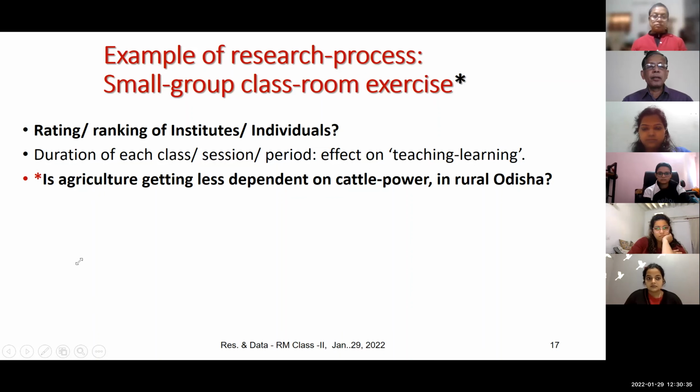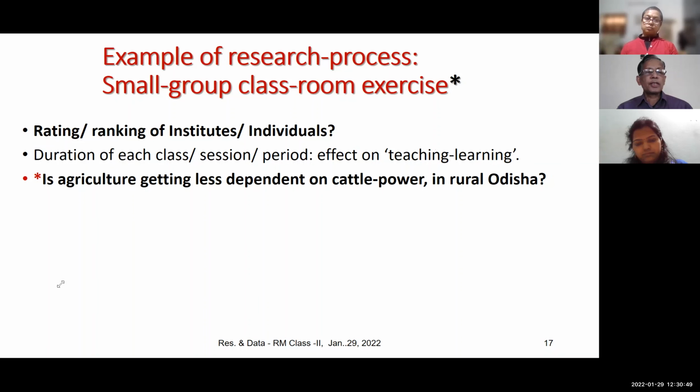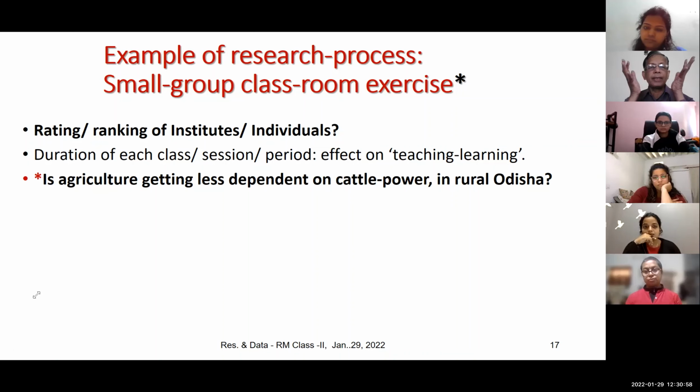Now, suppose in one small research project, can we rate researchers? Can we rate research activities at institutes? Slowly, we'll also discuss the last example, if time permits. Suppose we want to rate the researcher.